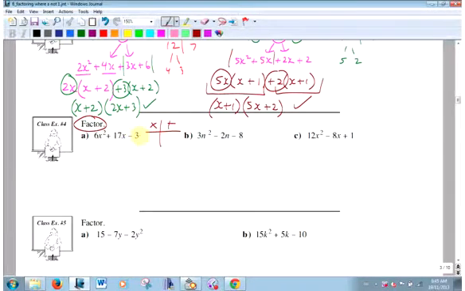Yep. What multiplies to 6 times, that's a minus 3, right? So minus 18. What adds to 17? 9 and 2? No. 6 and 3? No. 18 and 1? Okay. If I take the difference of those, I might end up with 17.